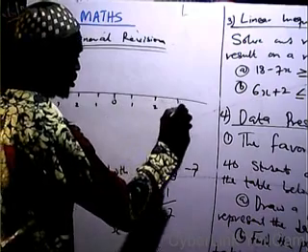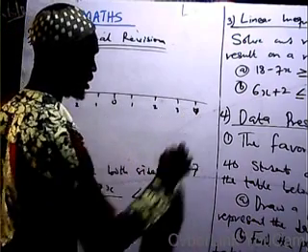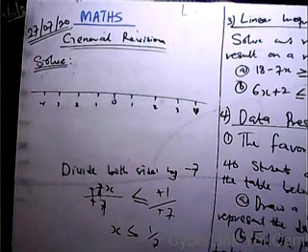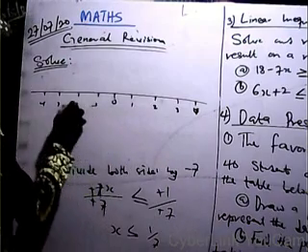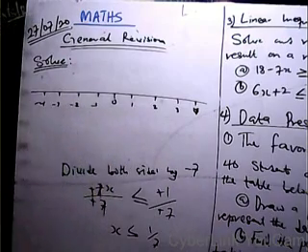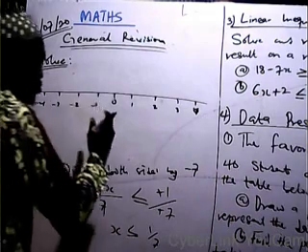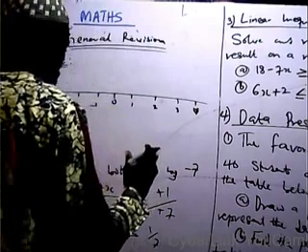2, 3, 4. Which side is positive, which side is negative? This one is the positive side, this one is the negative side. Cleared? Going to the right hand side, when you face the board, okay, let me face you.